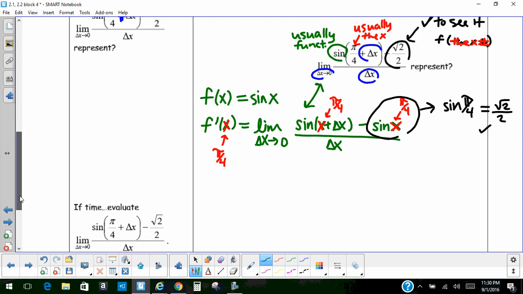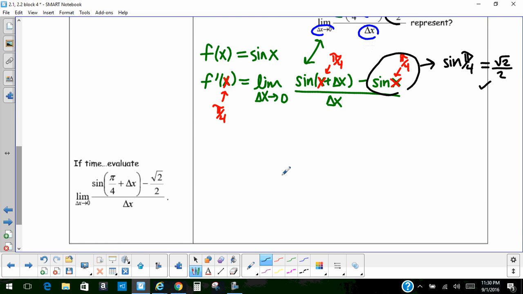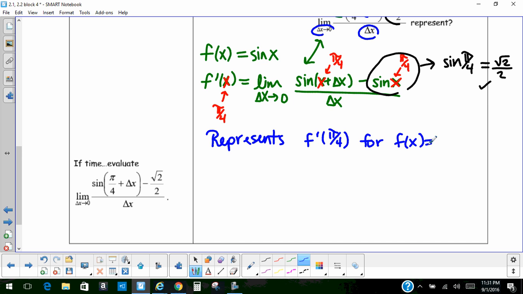When it's asking me what does this represent, let's just go back to the blue. This represents f prime of pi over 4 for f of x equaling sine of x. Okay, well then that also means lots of different things. So there are different interpretations.